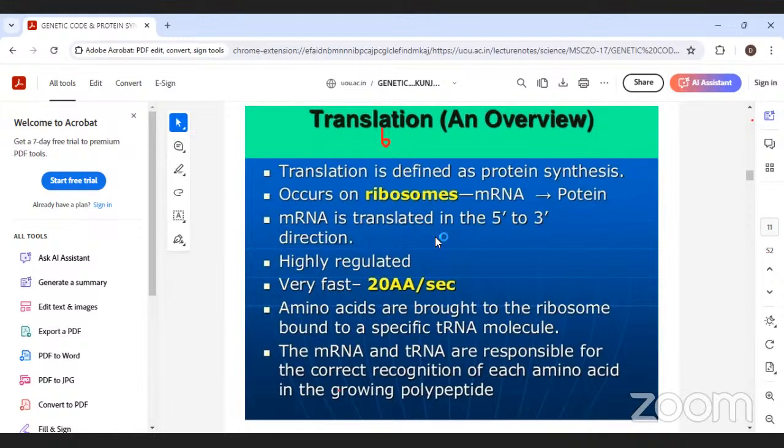What is transcription? What is translation? These are the things we will discuss now. Before protein synthesis, what is transcription? How does the transcription process take place in the total processing?